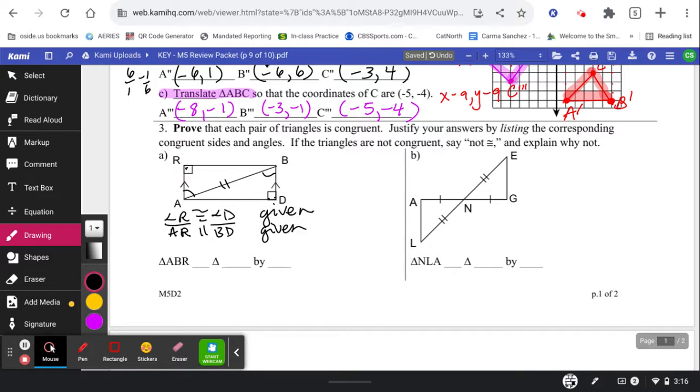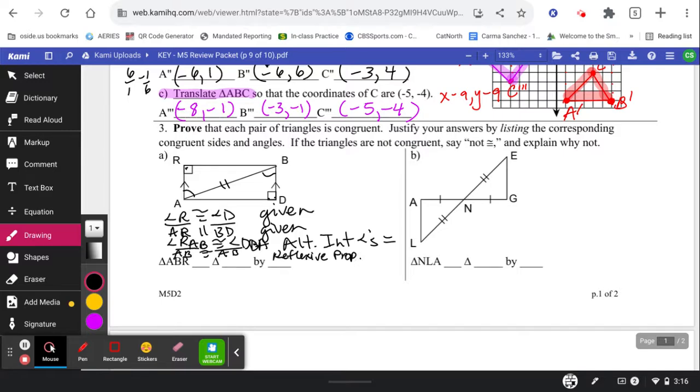And because those are parallel, we can say that angle RAB is congruent to angle DBA by alternate interior angles are equal. And last, we can say that AB is congruent to itself by the reflexive property.